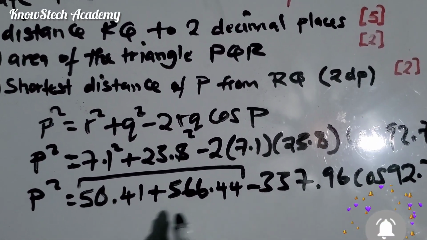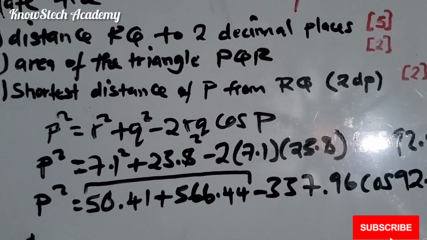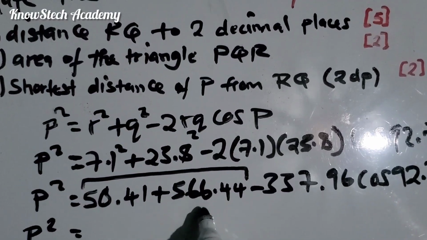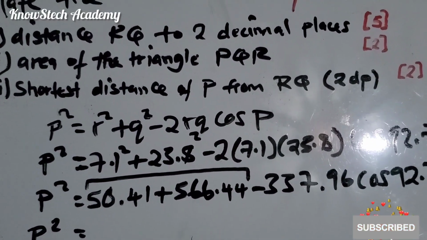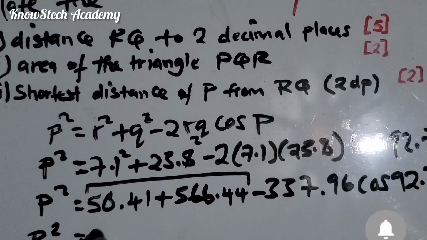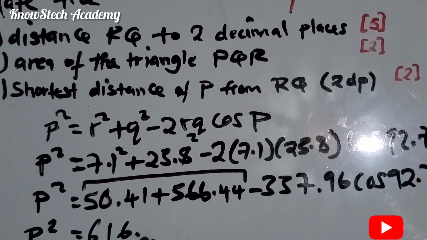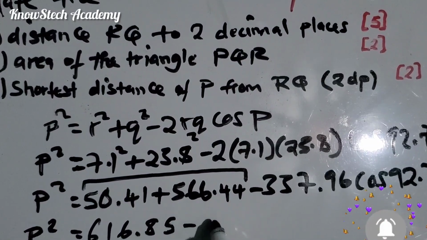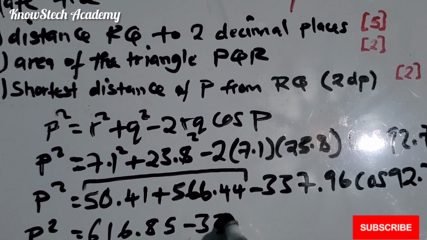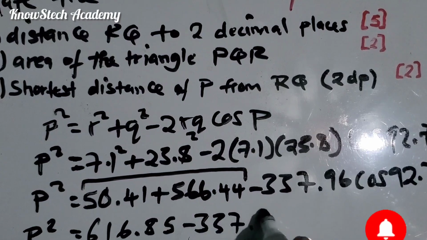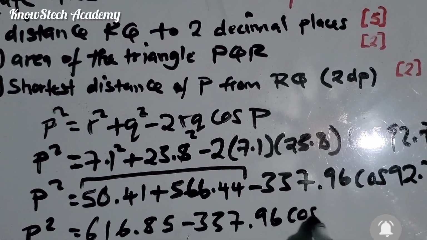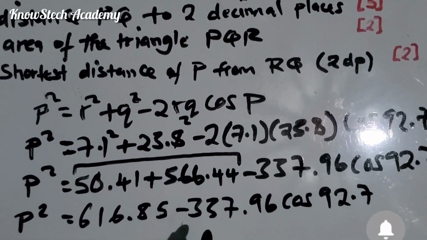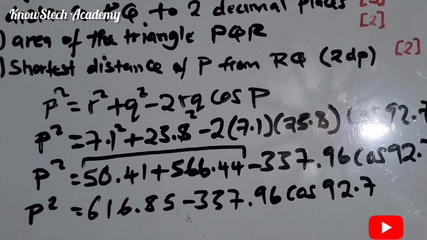So when you add these two, we're going to find p squared is equal to 50.41 plus 566.44, we're going to find 616.85 minus 337.96 cos 92.7. So here we can punch everything on the calculator.